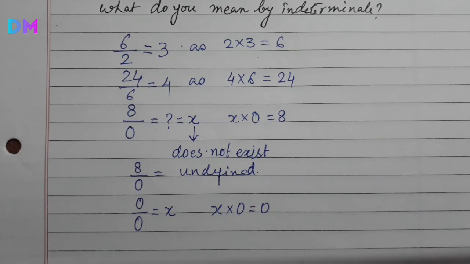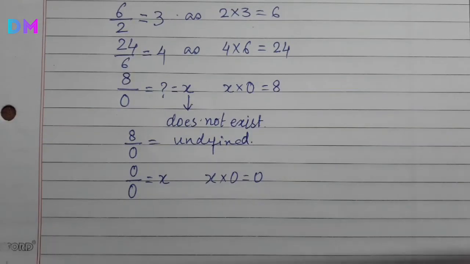We can say 0 by 0 is an indeterminate form, because 0 by 0 can be any real number, but the thing is we cannot determine what real number will be the value of 0 by 0. Since we cannot determine, that is why it is called indeterminate.